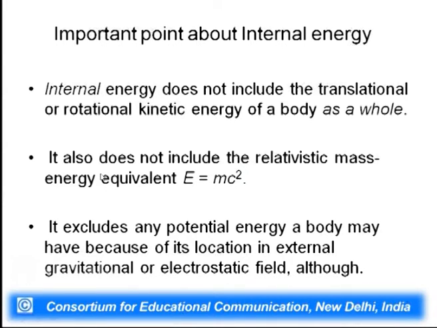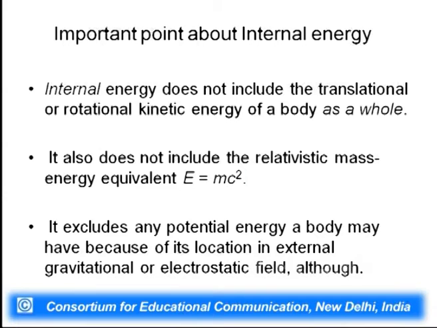Internal energy also does not include the relativistic mass energy equivalent, that is E is equal to mc square. And finally, it excludes any potential energy a body may have because of its location in an external gravitational or electrostatic field.